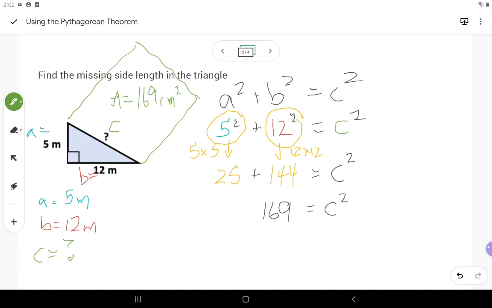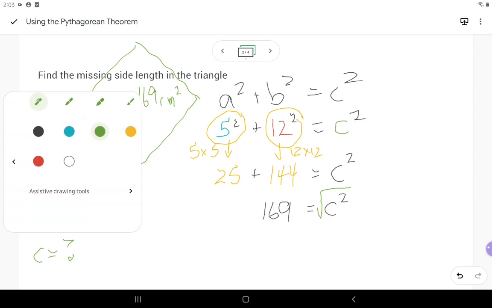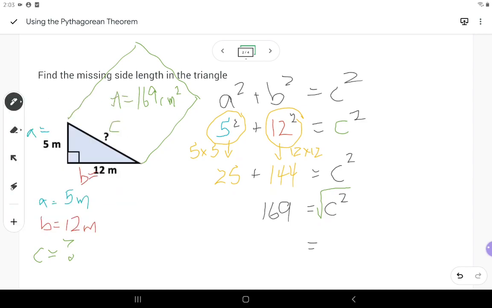So to get rid of c squared and make it just c, I need to do an opposite operation. The opposite operation of squaring something is to take the square root of that thing. If I take the square root of c squared, it's going to cancel out that exponent of 2.